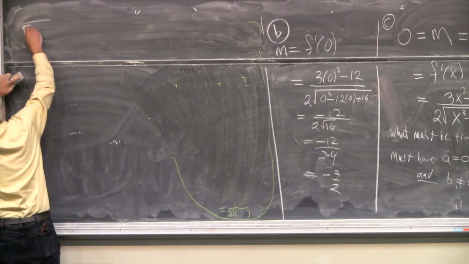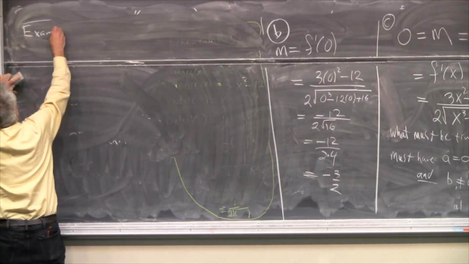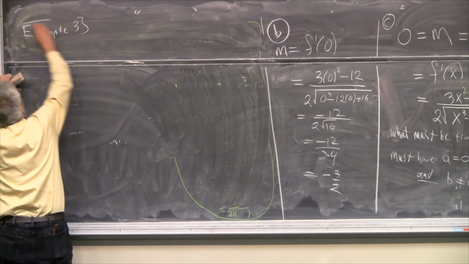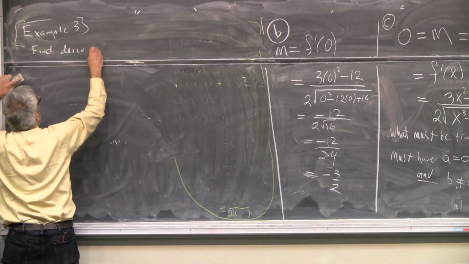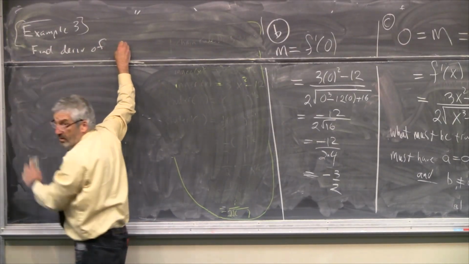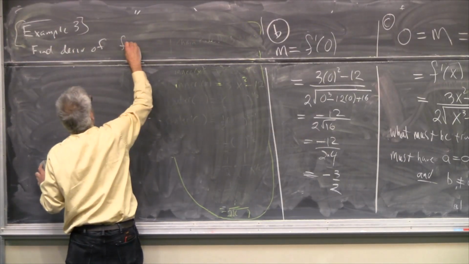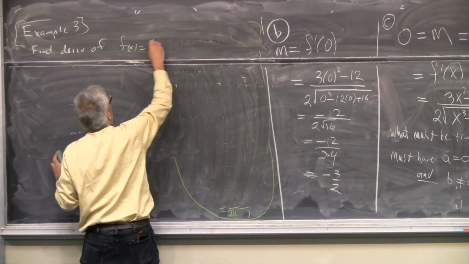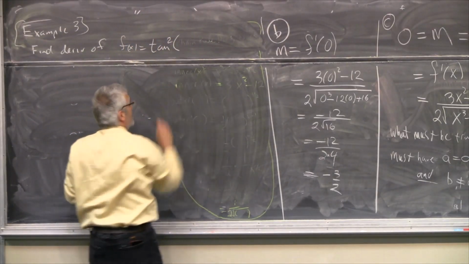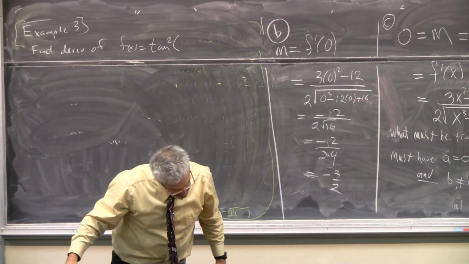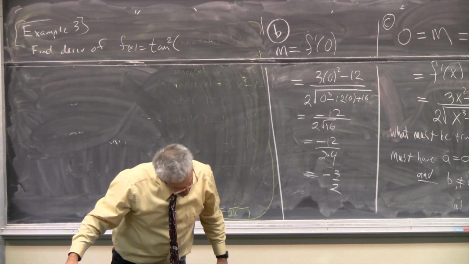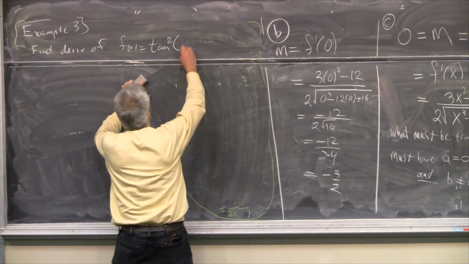Example 3. Find the derivative of f of x equals tangent squared of cos x.